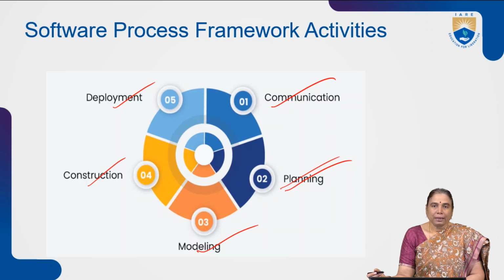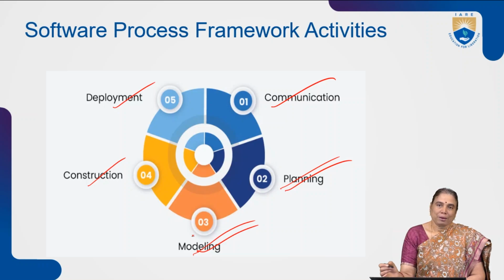According to the project goals, the modeling framework activity visualizes the features of the software project with a set of UML diagrams. According to the requirements documented in the SRS, the construction activity develops source code in the programming language chosen in the previous activities.